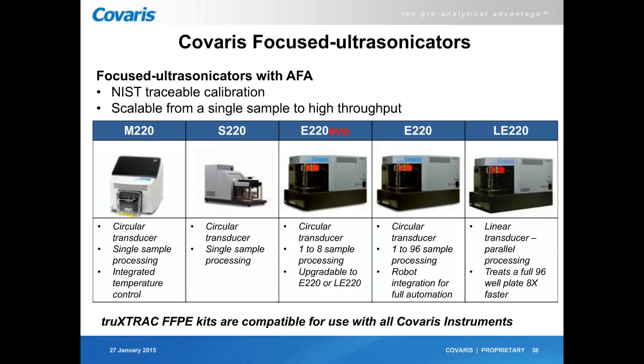And the E220 that will process up to 96 samples, but 8 samples at a time. So higher throughput and enables batch processing. All truXTRAC FFPE kits are compatible with all Covaris instruments. It's just a matter of determining which instrument will fit your workflow and your level of automation required.